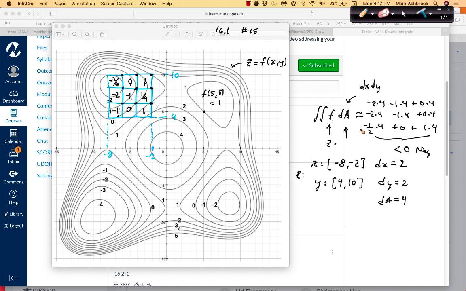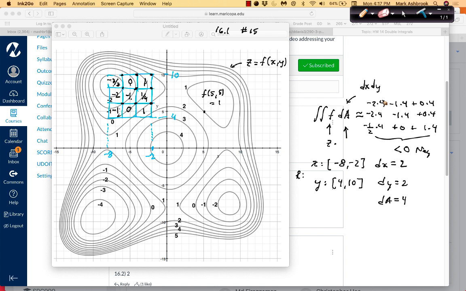So this was -3/2, right? Let's redo it. What did I say for this? Oh, upper right corner. Yes, upper right corner was -3/2. I just didn't write that clearly at all. So -3/2.